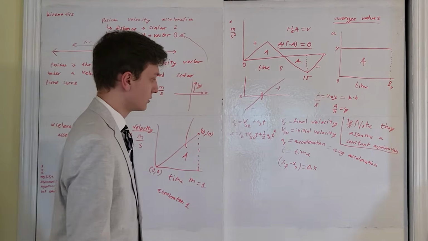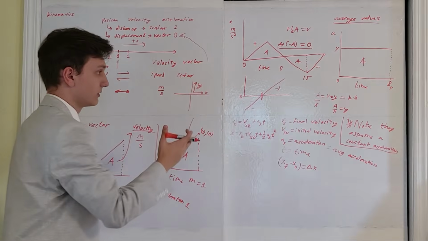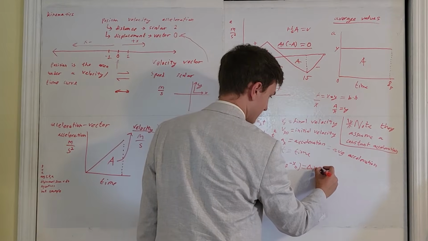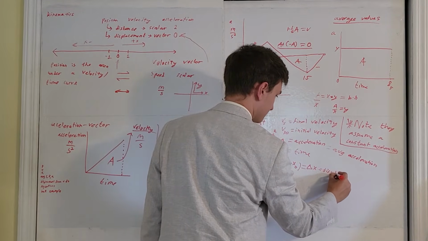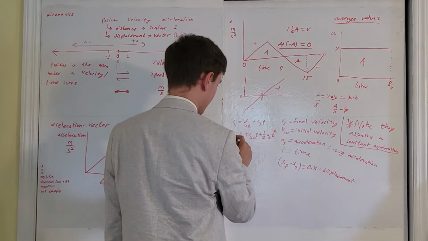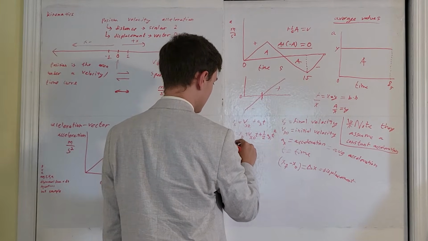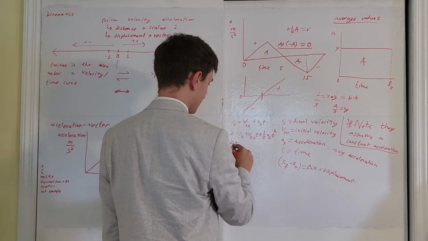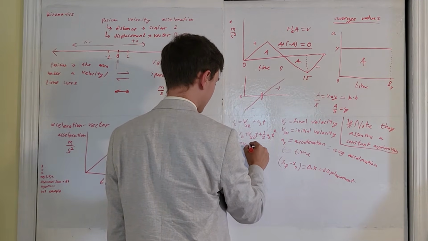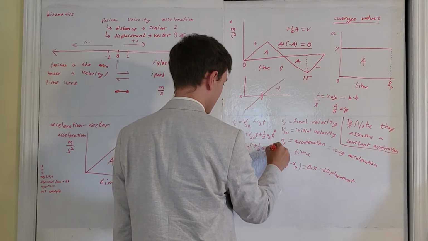Okay, so if I want to calculate displacement, displacement is a change in position, I can say that delta x, which is equivalent to displacement, I can rewrite the equation as such. I can subtract x naught from both sides of the equation, and I'm left with my displacement, which is equivalent to x minus x naught, equals the initial velocity in the x direction times time, plus 1/2 the acceleration in the x direction times time squared.